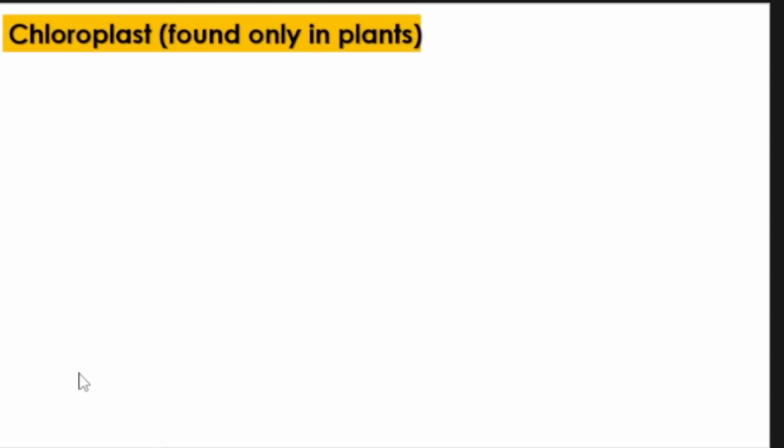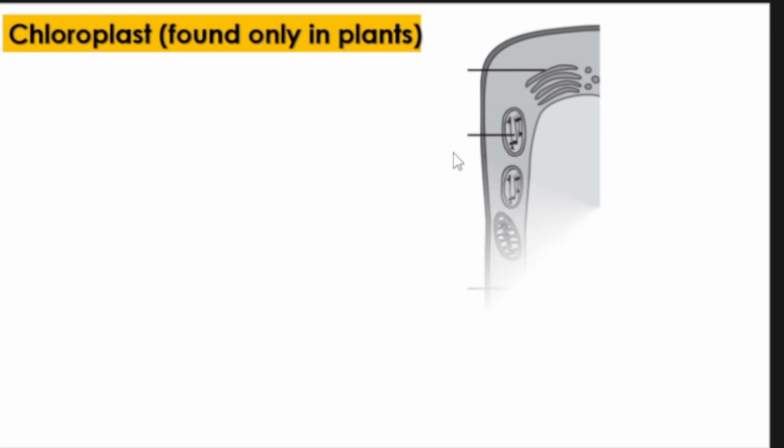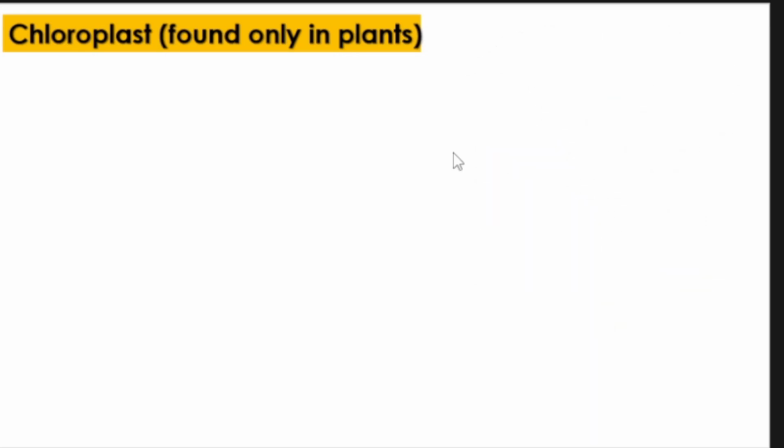All right, so from here, we are going to move to chloroplasts, and chloroplasts, just like the cell wall, are only found in plant cells. The chloroplast is this part here of the plant cell. A chloroplast is an oval membrane-bound organelle filled with chlorophyll.